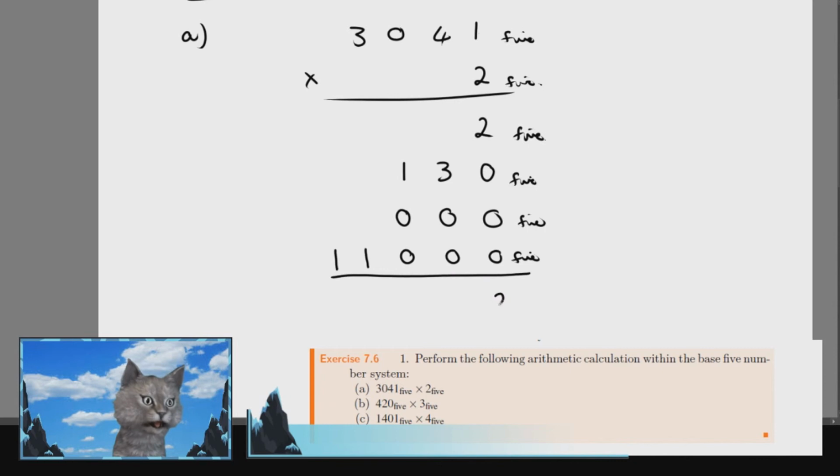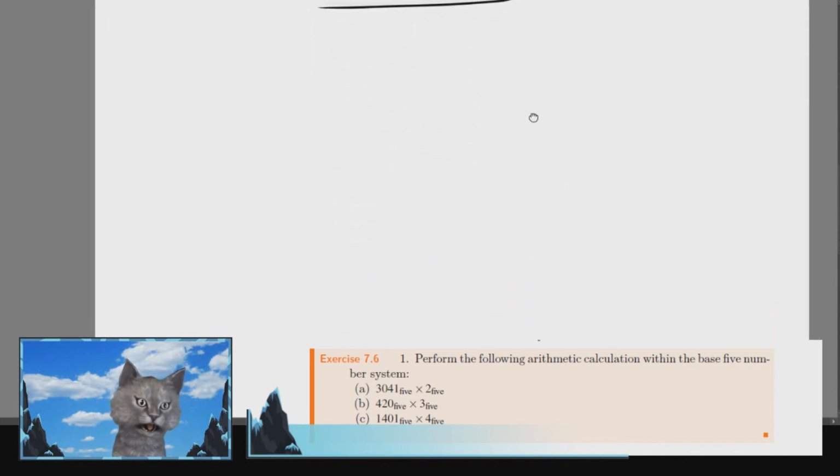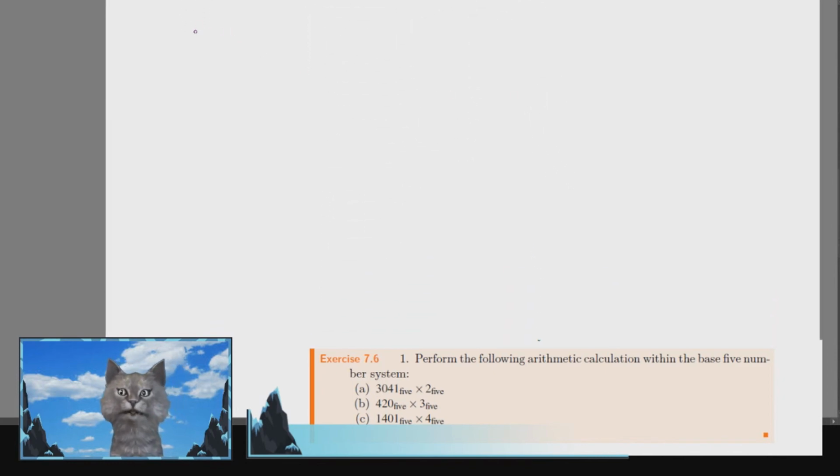Add those up, I get 2 backwards, 3, 1, 1, 1. And there's my answer. The method does not change. My awareness of that method, however, does whenever I'm out of my comfort zone.